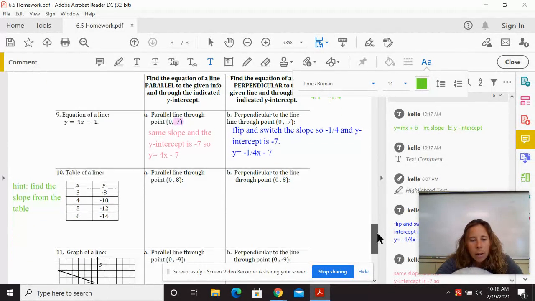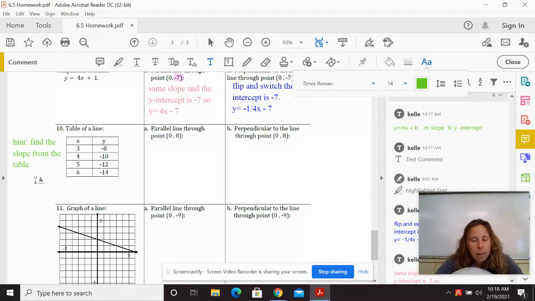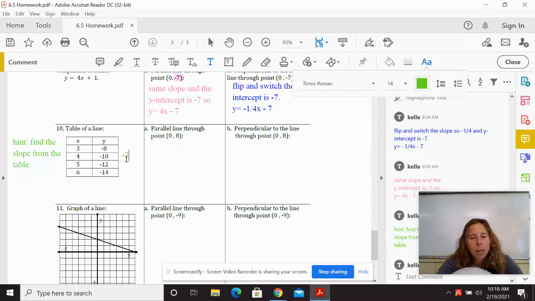For number 10, you have to figure out what the slope is. If you want, you can graph these points and then look for the slope. Or what's the change in y? Going from -8 to -10 to -12, my change in y is going down by 2.